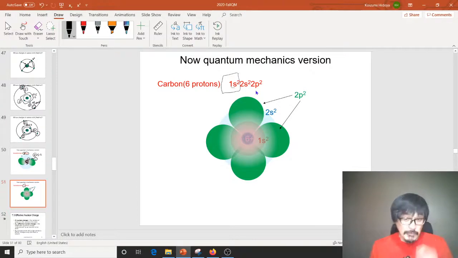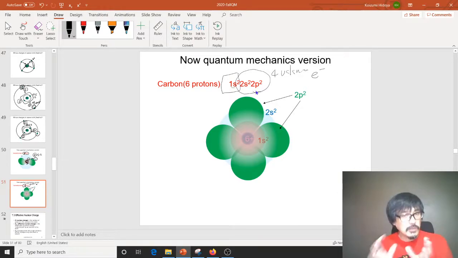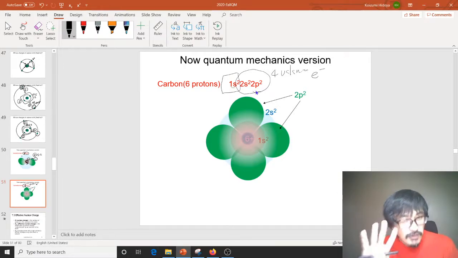So 6 protons, 2 electrons. And then each one of these 4 valence electrons sees effectively a 4 plus charge in the middle.